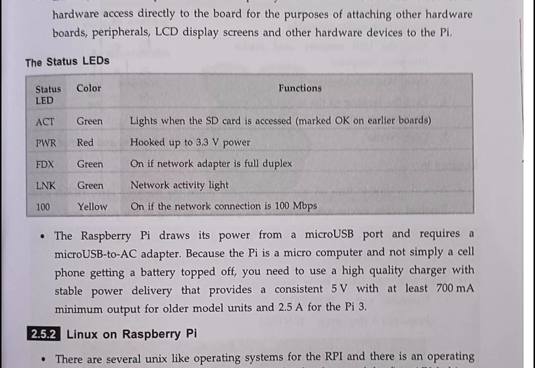So you need to use a high quality charger with stable power delivery that delivers a consistent 5 volts with at least 700 mA. The minimum output for older model units is 2.5 amperes for the Pi 3, but nowadays models are advanced and at least we want 700 mA. If the charger is capable of giving 1 ampere output, it is enough for the Raspberry Pi.